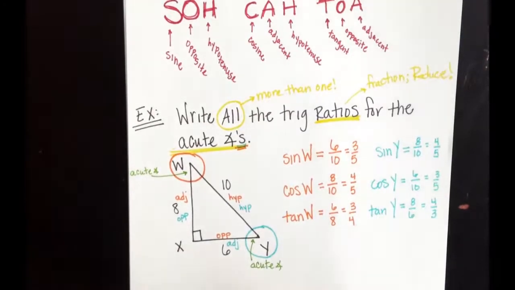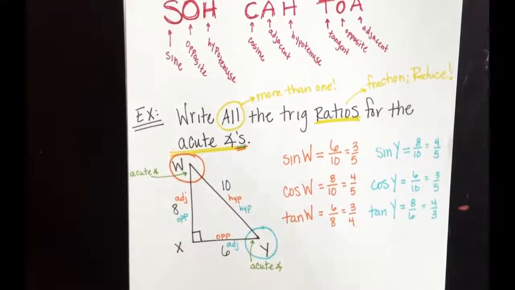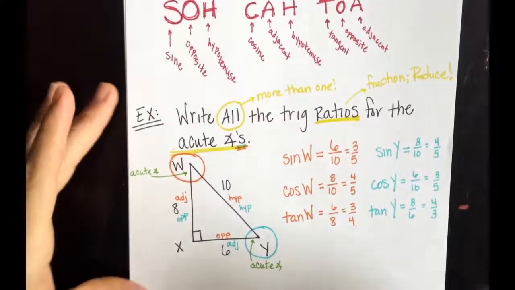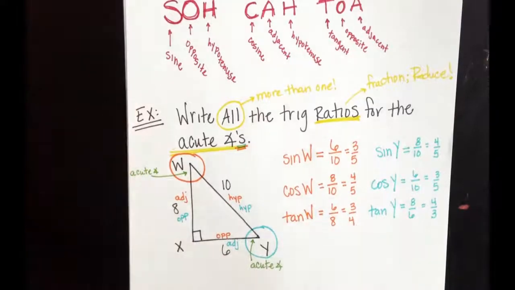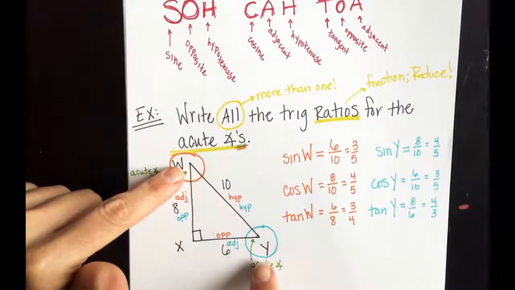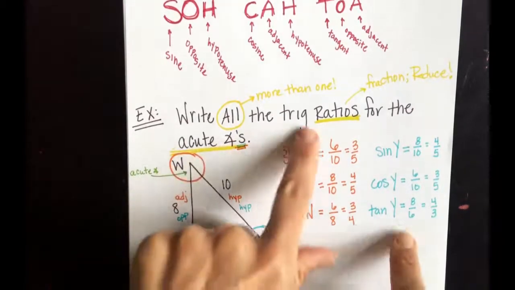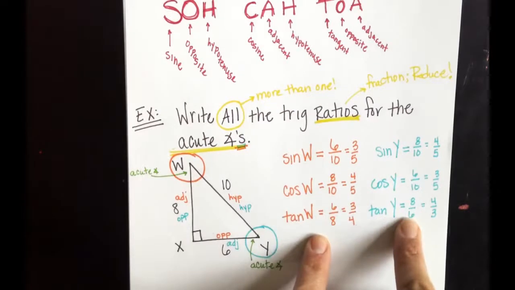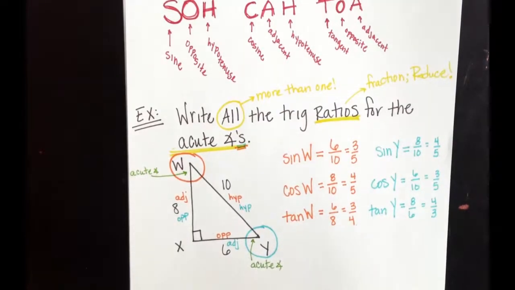I don't care what the angle measures are at this point. This is step 1, where we just get comfortable with setting up the ratios. So again, this part is just step 1, getting comfortable with the ratios. So it was an acute angle, write them out for both acute angles, all of them. And that's what we did.